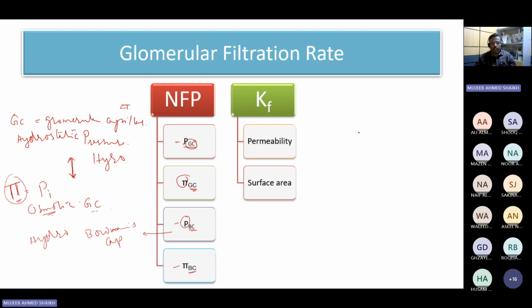Okay, so I will draw it here. I will draw the Bowman's capsule here, and I will draw the capillary in a diagrammatic fashion. Just one capillary. So this area is the capillary area.